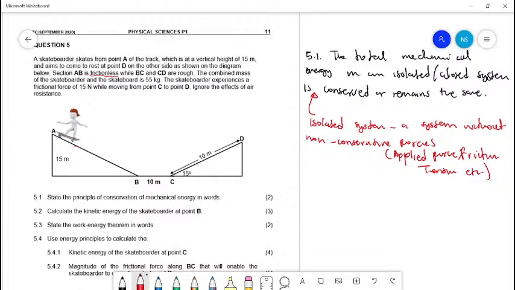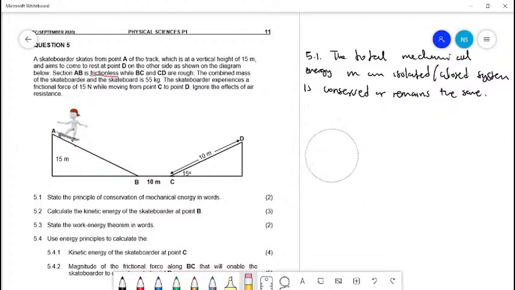So let's look at 5.2 and see what they want. In 5.2, they want us to calculate the kinetic energy of the skateboarder at point B. Let me erase this. This is part of your notes, not part of your answer.